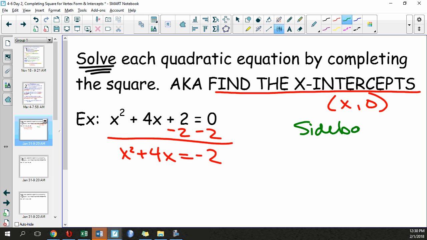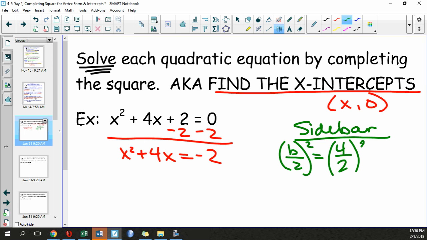Sidebar is going to be that lovely b divided by 2 concept that we learned yesterday. What is b in this problem? 4 divided by 2 is 2, squared is 4. Now, you know what we're going to do with that 4?